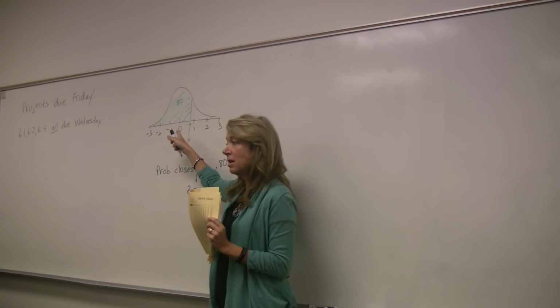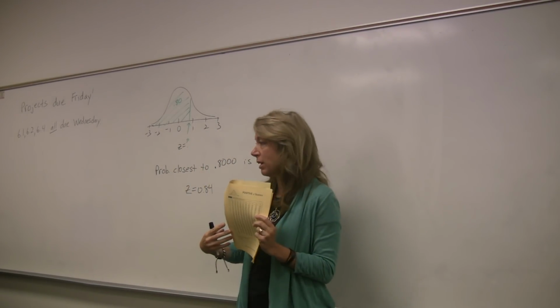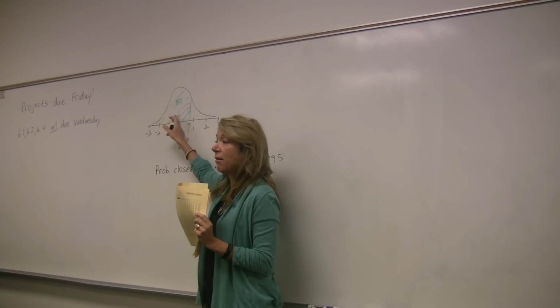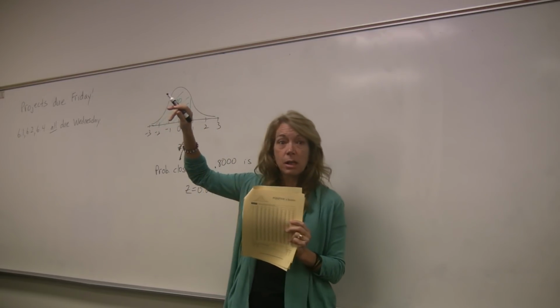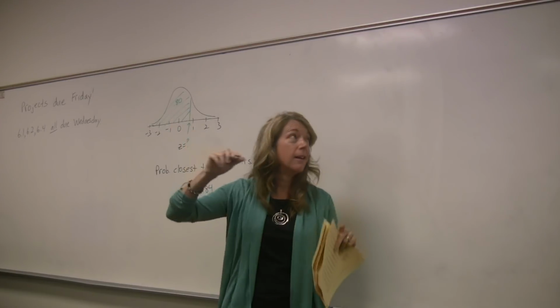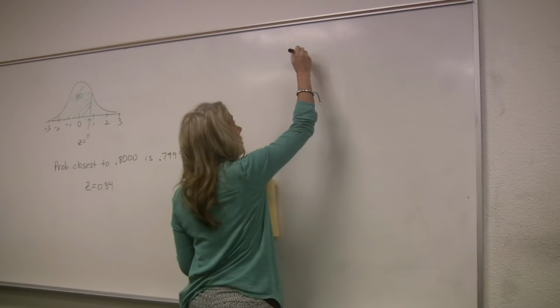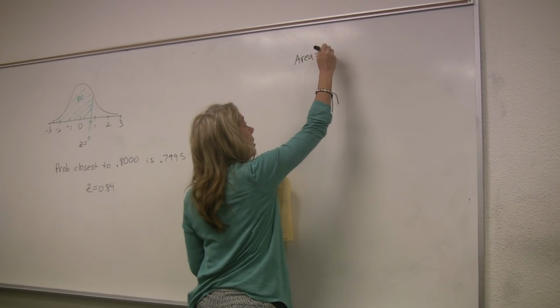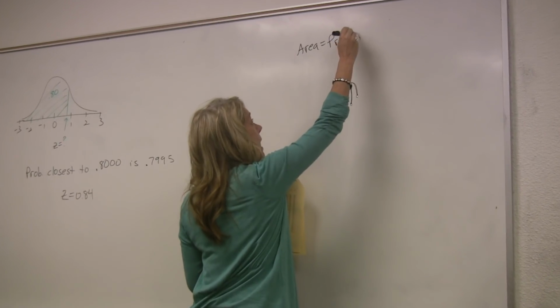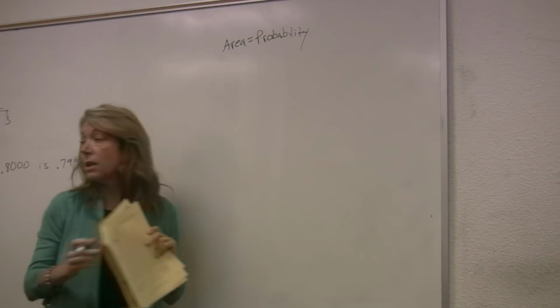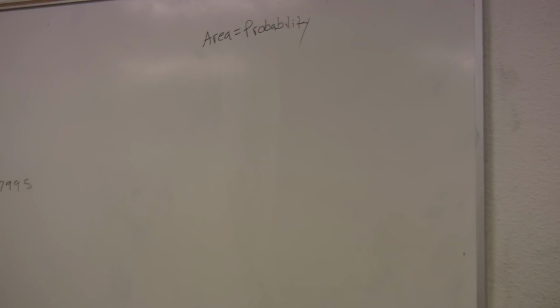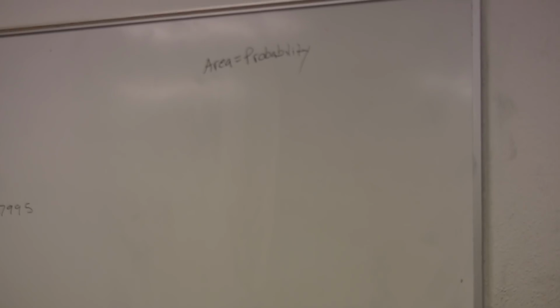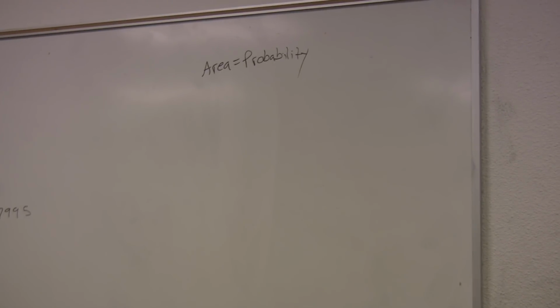So we can't look on the left because we don't know what number it is. But we do know we have the area, and what's the area represent? Probability. Remember the big picture: area equals probability. So it depends on what you have and what you're looking for. In this case, we don't know what z is, but we have the probability, so we look in the middle and work out to the edges.